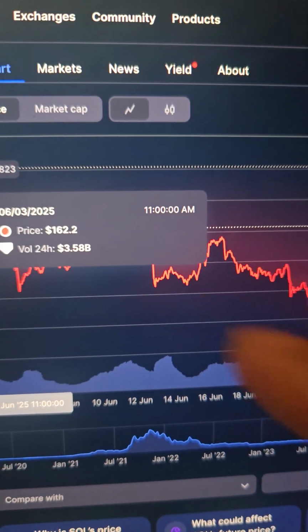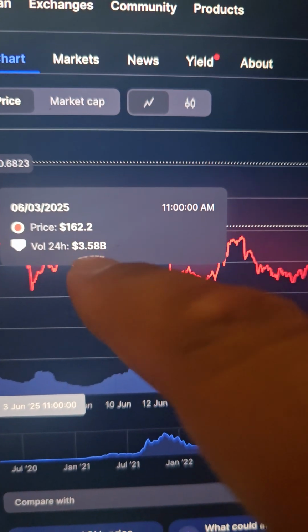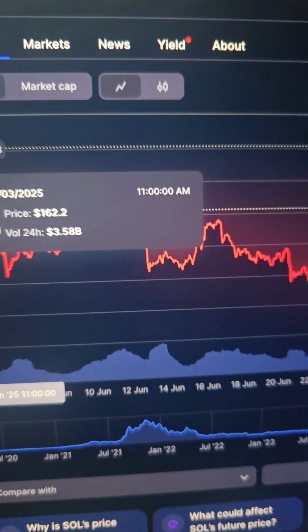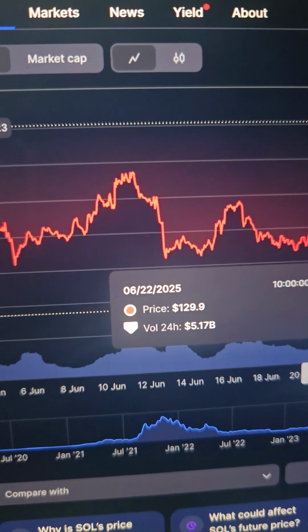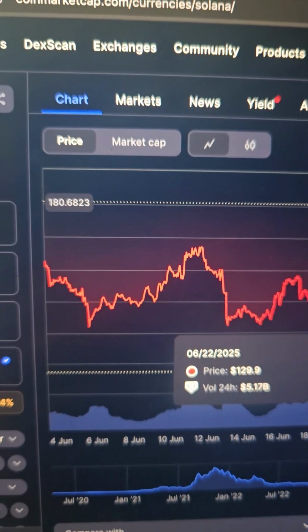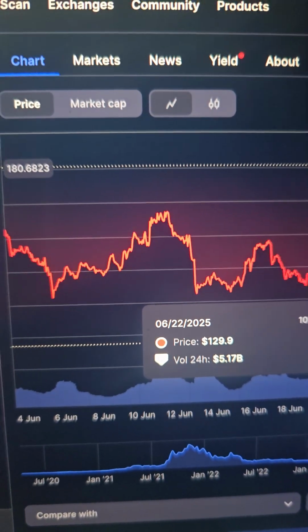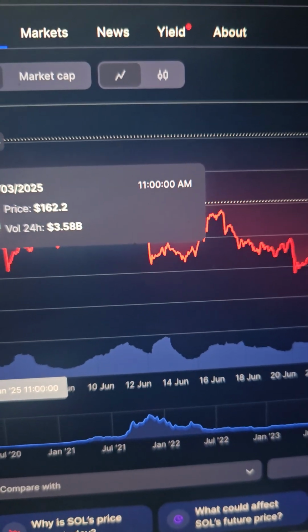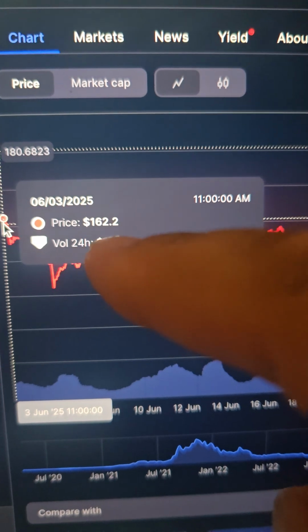So if I look at the volume and I see the volume is trading at maybe 10 or 15% less, actually that's almost 20 to 30% less than what it's normally trading on a normal day when the price is high. Because the price is high here, it's $162, right?